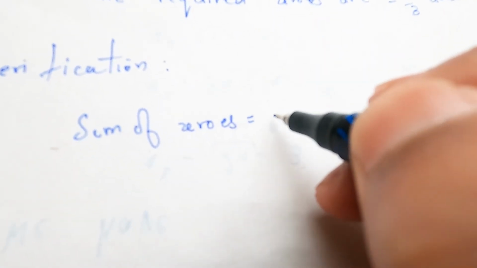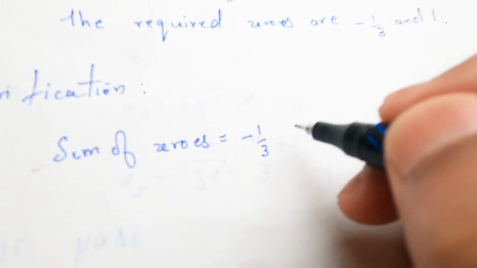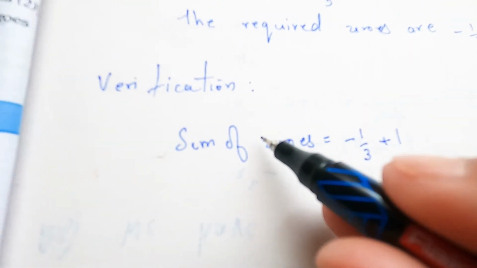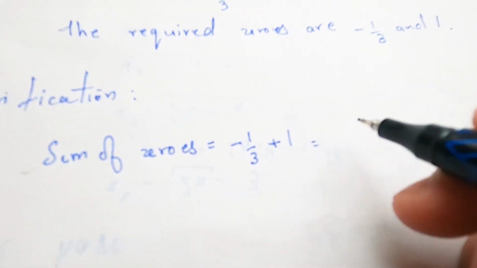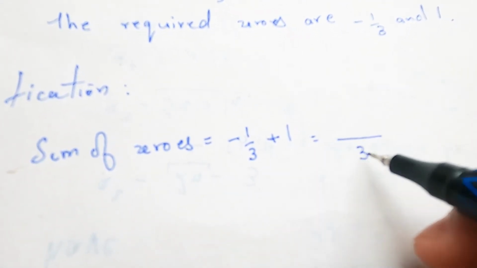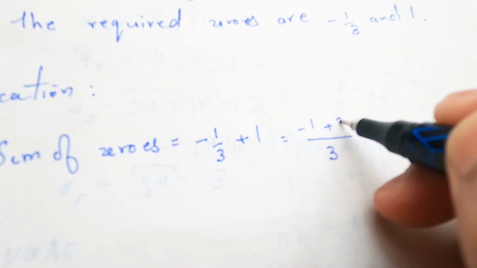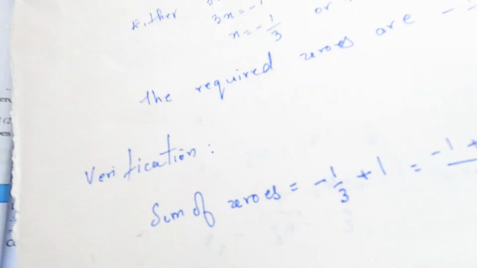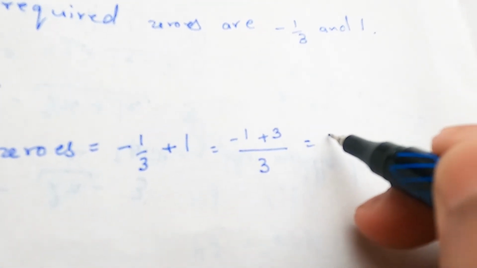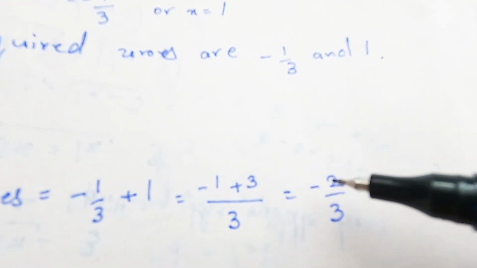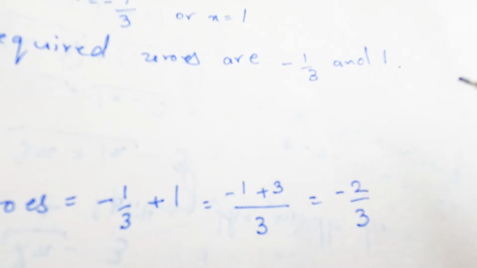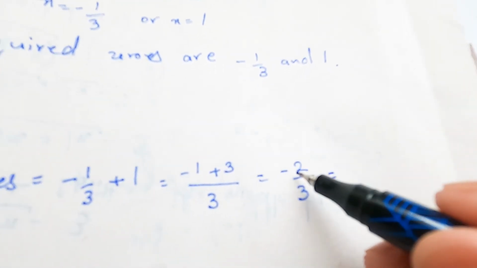So let us write over here minus 1 by 3 plus 1. In this case the LCM will be 3. So minus 1 plus 3. How much are we getting? We are getting 2 by 3.